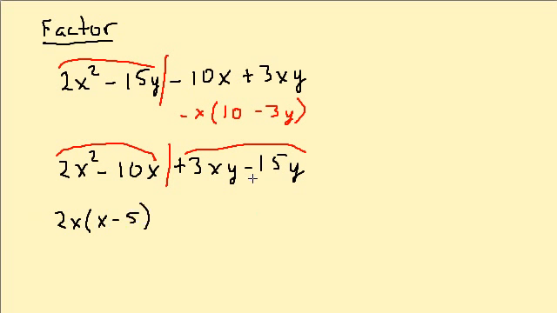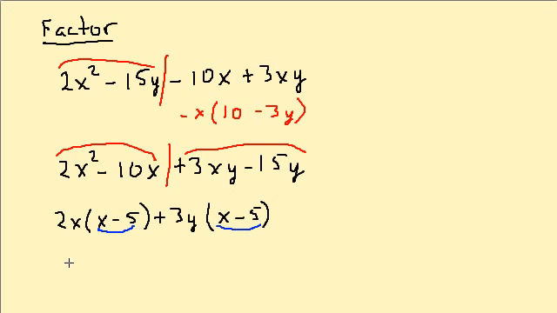And out of the second part, the 3xy minus 15y, I can factor out a 3y. All I'm doing is factoring out the greatest common factor out of each part. So if I factor out a 3y, that's going to leave me with x minus 5. So you can see now I have my common binomial factor of x minus 5.